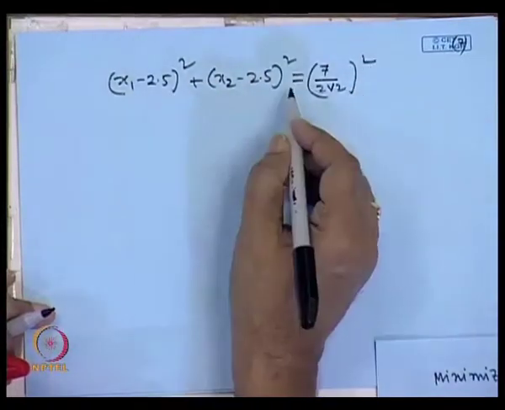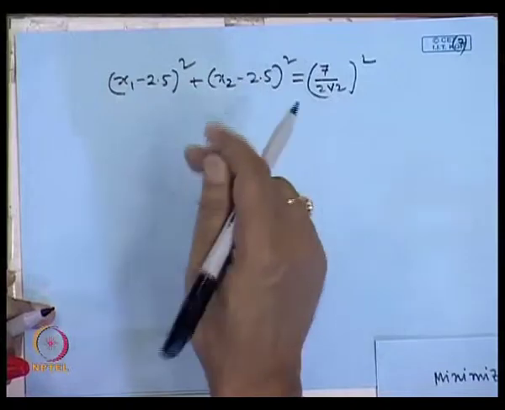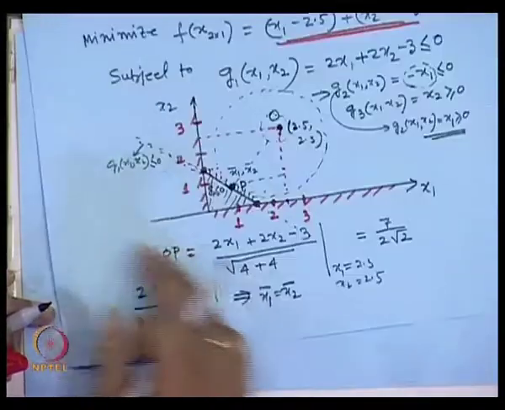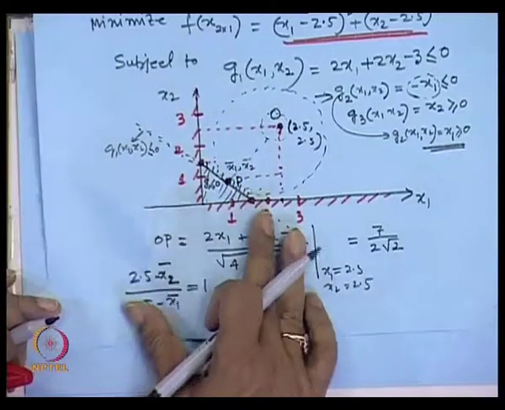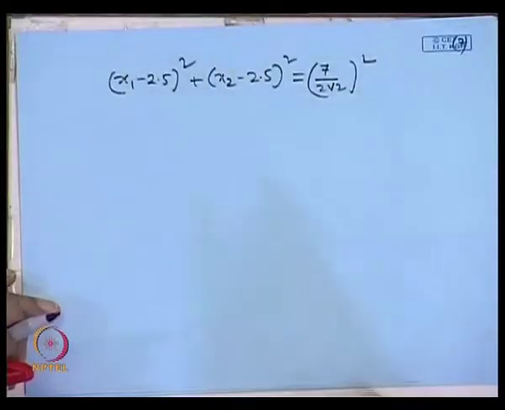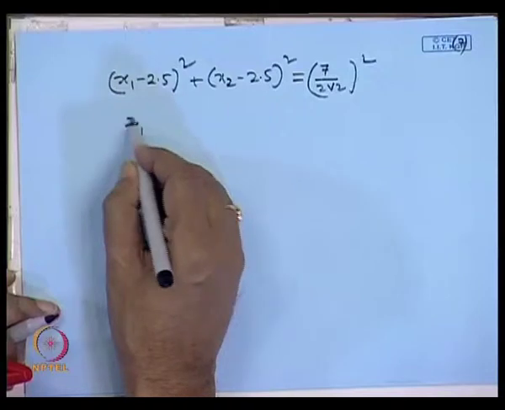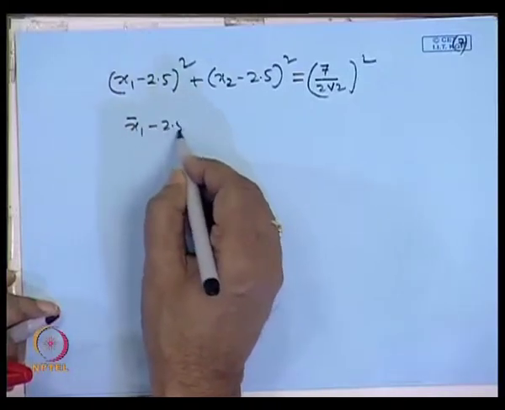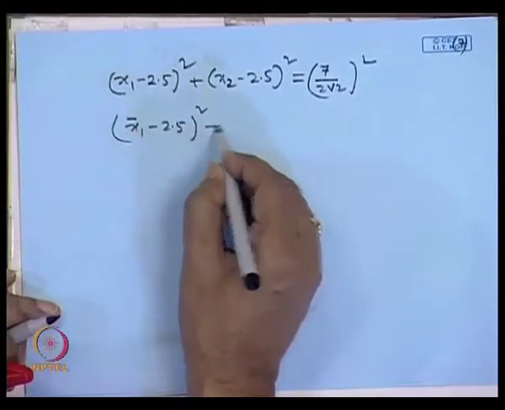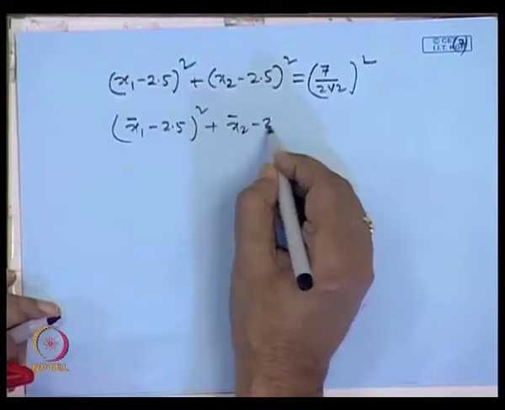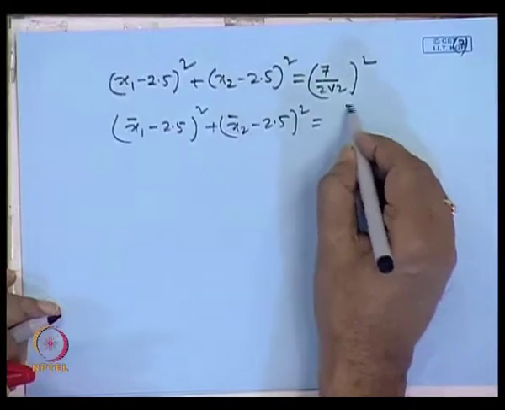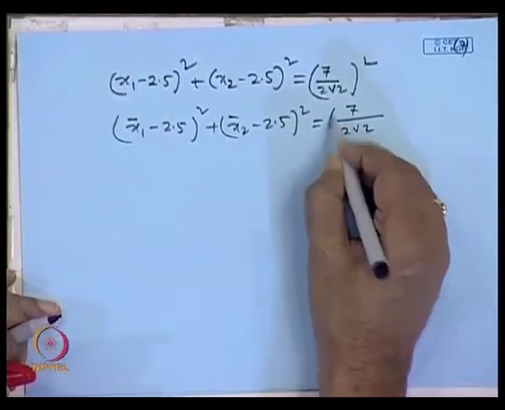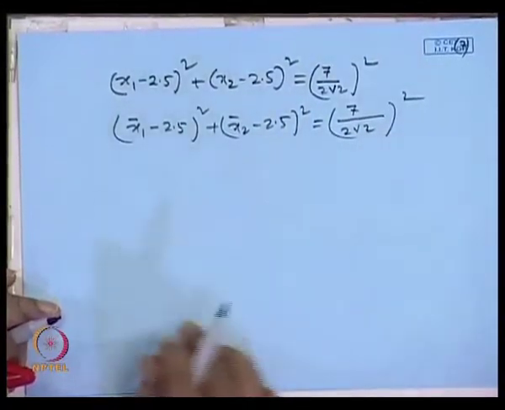Because it satisfies at x equal to x bar, putting this value: x1 bar minus 2.5 whole square plus x2 bar minus 2.5 whole square is equal to this quantity. So solve these two equations.